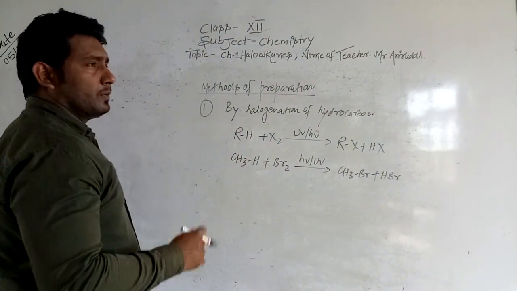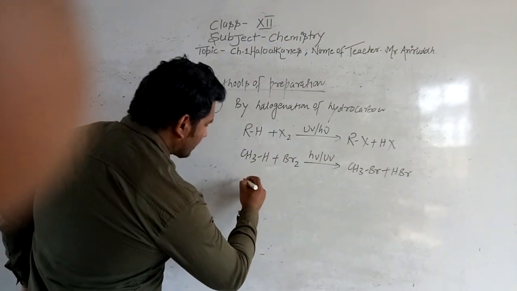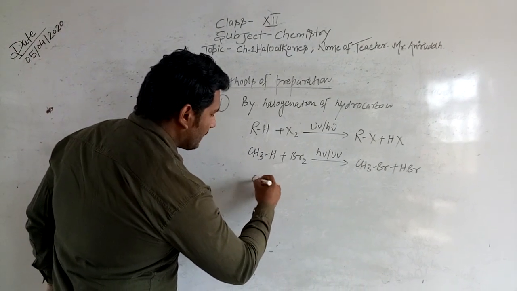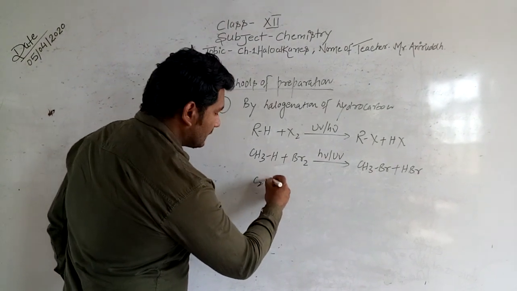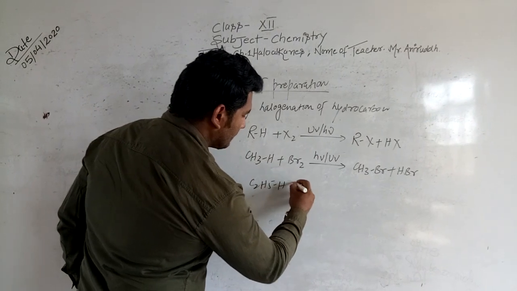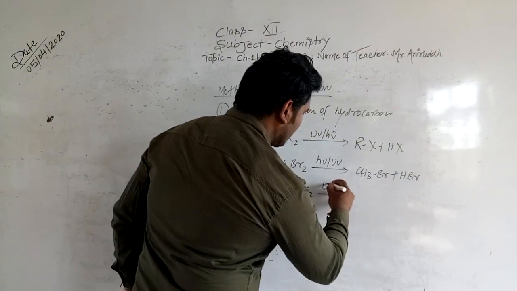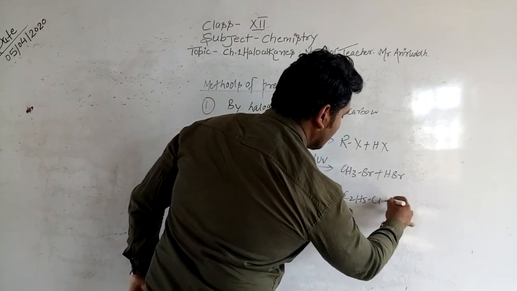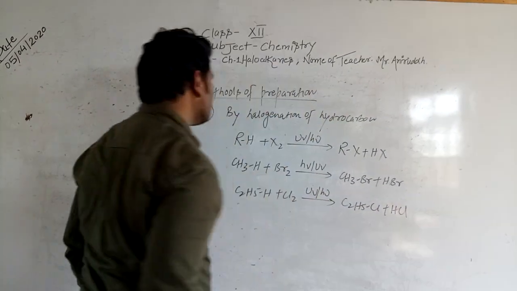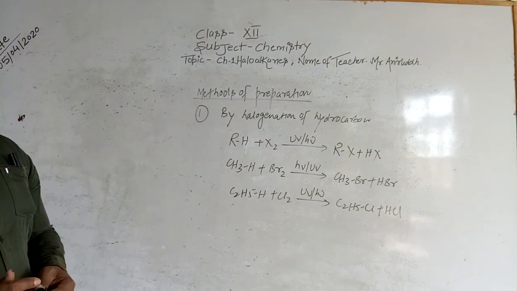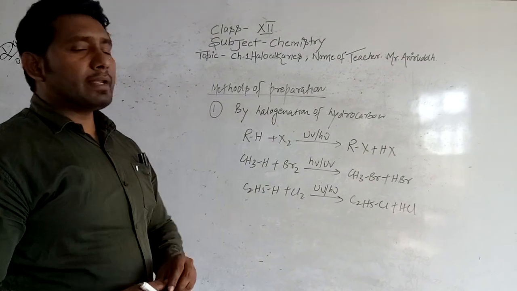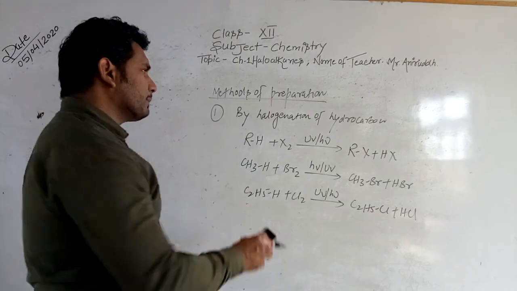Further, we can carry forward the reaction and obtain a higher molecular mass haloalkane. Then what will happen? C2H5-H plus Cl2, UV light or heat, gives C2H5Cl plus HCl. So by a substitution reaction, or by the reaction of halogen with alkane, we obtain the haloalkane. So that is the simple process.